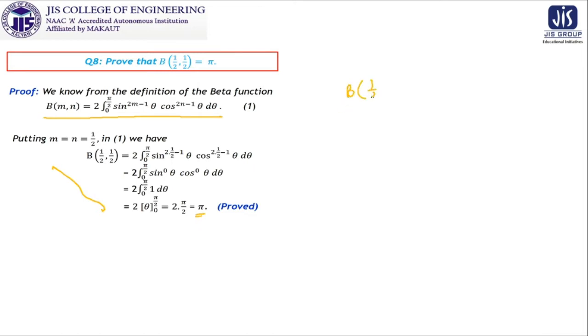So to find beta(1/2, 1/2) with the help of this relationship, it will be gamma m gamma n by gamma m plus n, so gamma half into gamma half by gamma half plus half. Gamma half is known to us, that is root over pi, and gamma 1 is known to us, that is 1. So we get root pi into root pi is equal to pi.